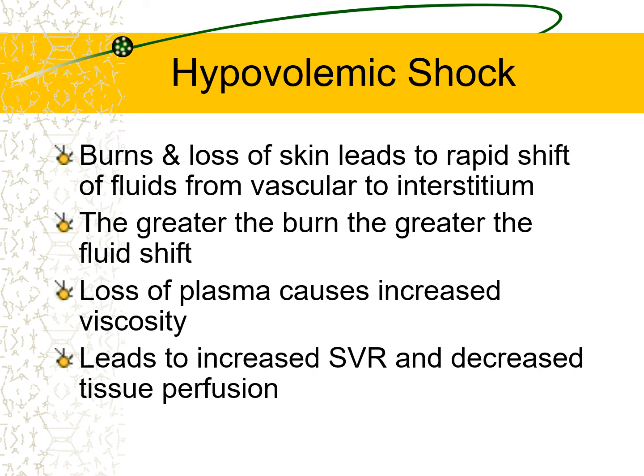But in a hypovolemic shock where a patient is bleeding, you know the H and H decreases. But that is not the case with burns because of what they're losing, the liquid portion. The H and H actually increase due to that hemoconcentration.